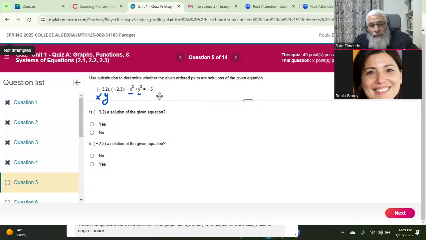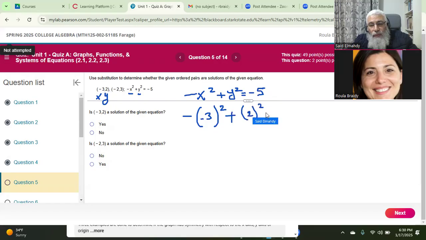We have -x squared plus y squared equals -5, correct? x is -3, you substitute -3 here, plus y is 2. Now we calculate this.